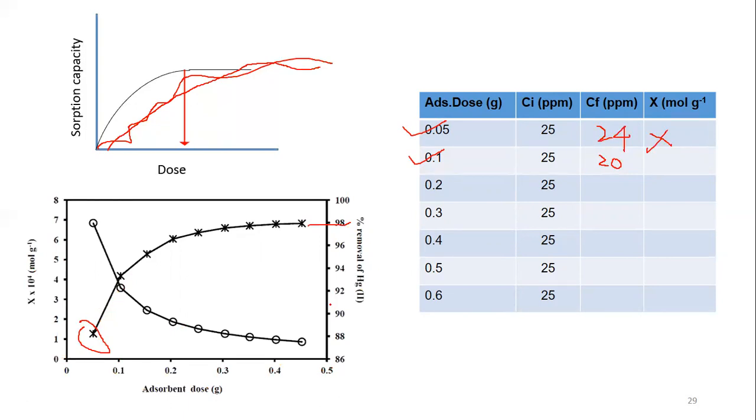What about absorption capacity? Okay, that's what I have plotted. That's not absorption capacity, okay? That is percent removal, because for absorption capacity you have to plot like this kind of plot.